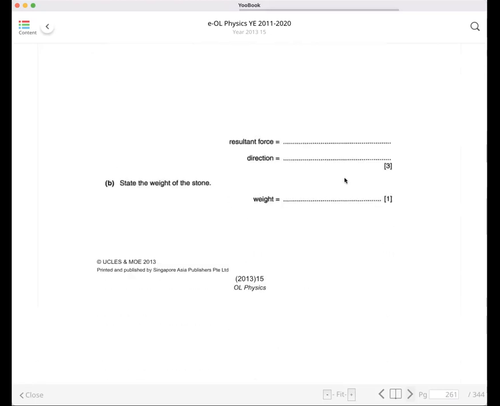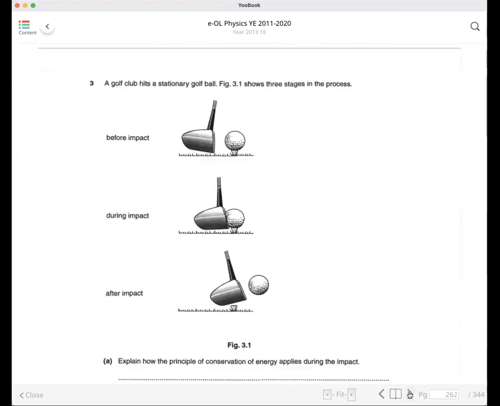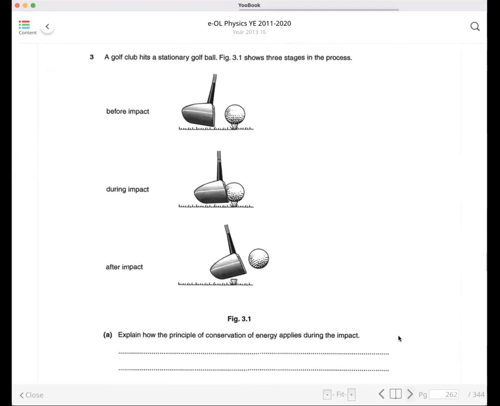Okay, so I will just skip this question for now, because you need to draw a vector diagram. Let's do this question.